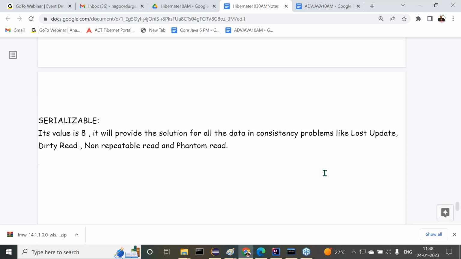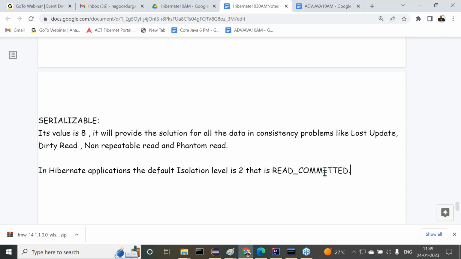But how are we going to provide these isolation levels? And what is the default one? In Hibernate applications, the default isolation level is 2, that is READ_COMMITTED. But how are we able to set this in Hibernate applications?